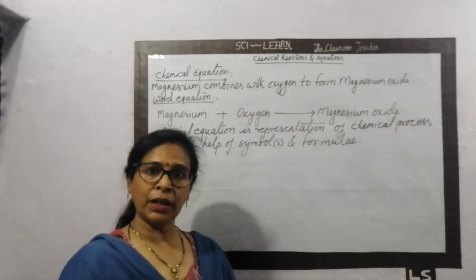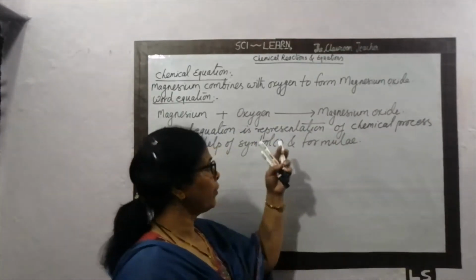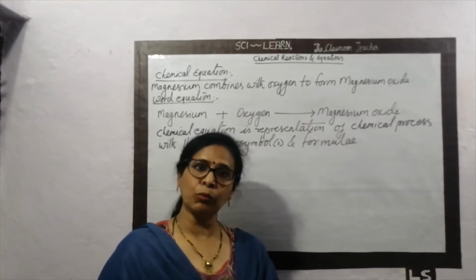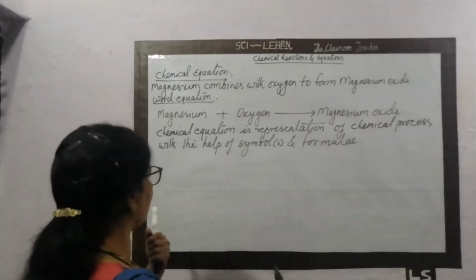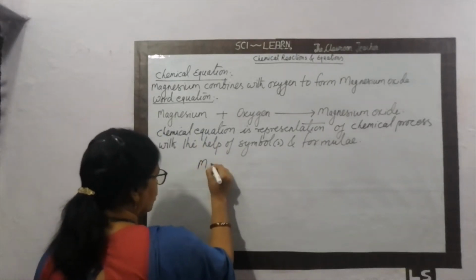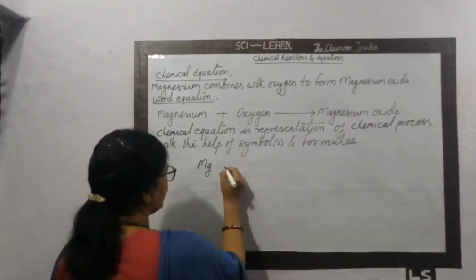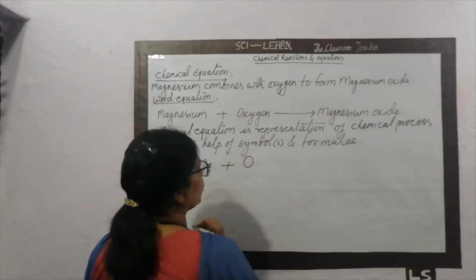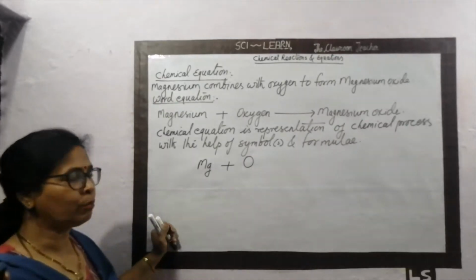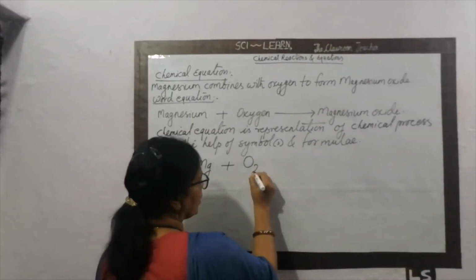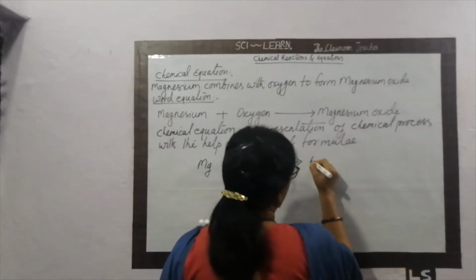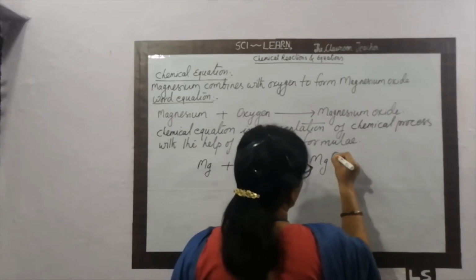Now what is the chemical equation? This is the word equation we wrote here. Now I am going to write the chemical equation. Mg, that is the symbol of magnesium. Oxygen, we know that oxygen always exists in molecular state, so O2. We write here to combine to form magnesium oxide, MgO.